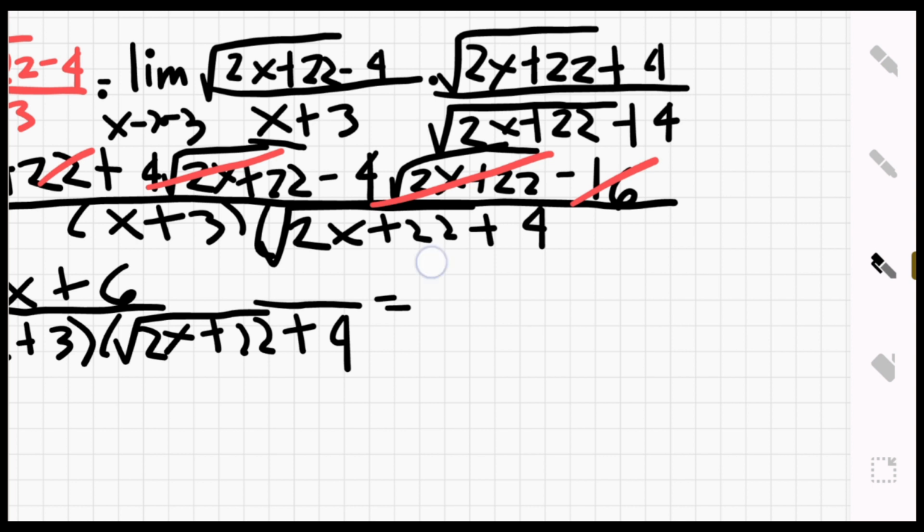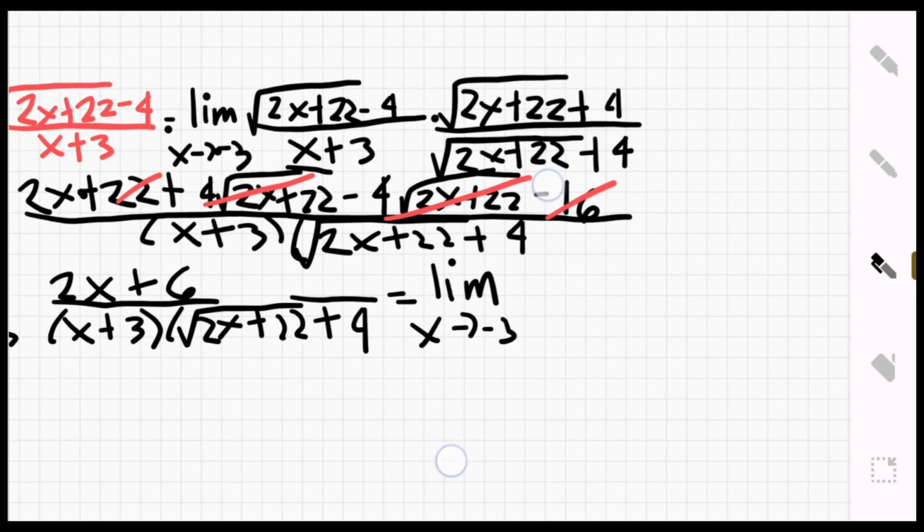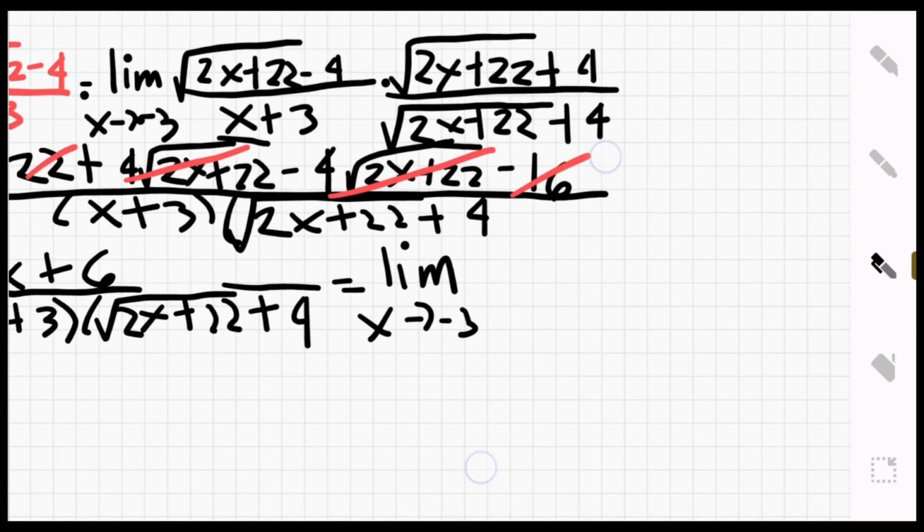Then we'll have to simplify the numerator. By doing so, we can easily cancel out the numerator and the denominator. So we have 2 times the quantity of x plus 3.